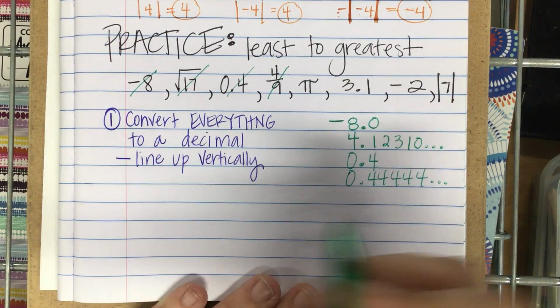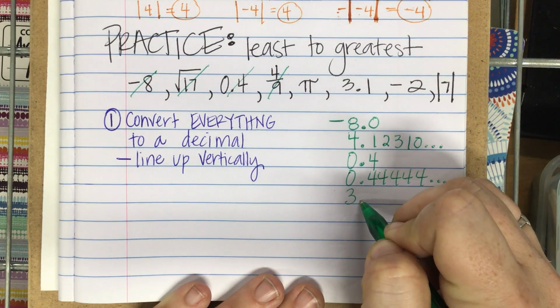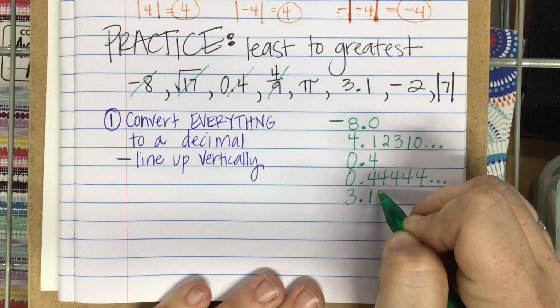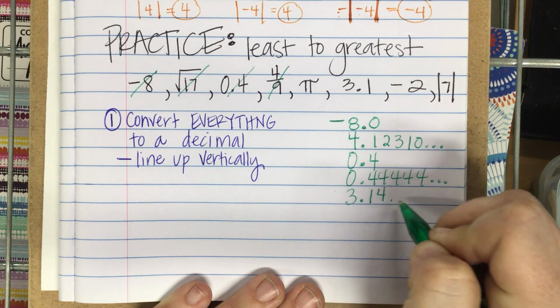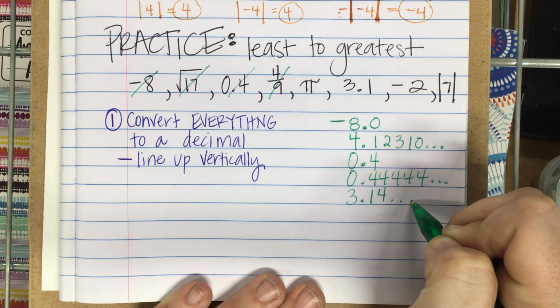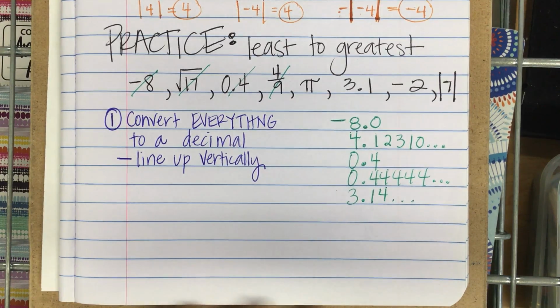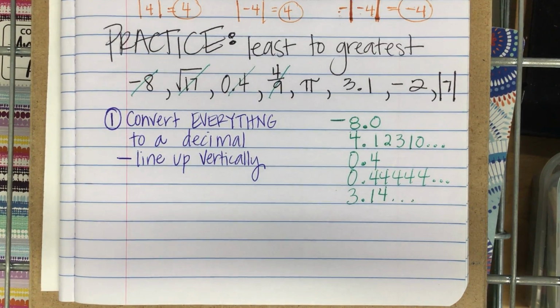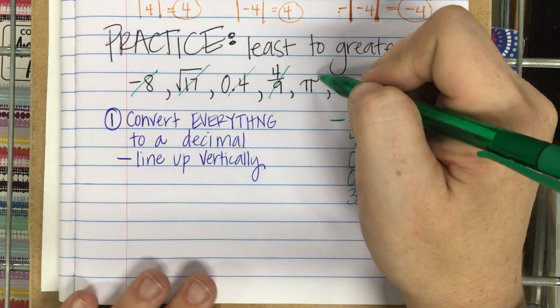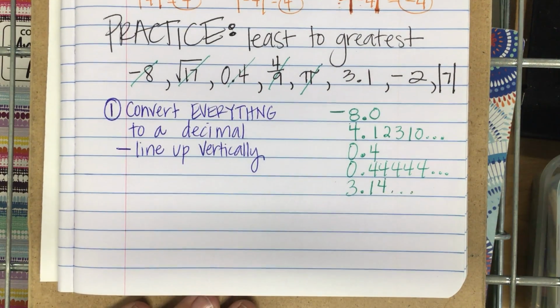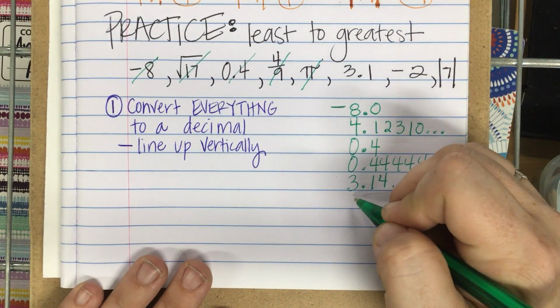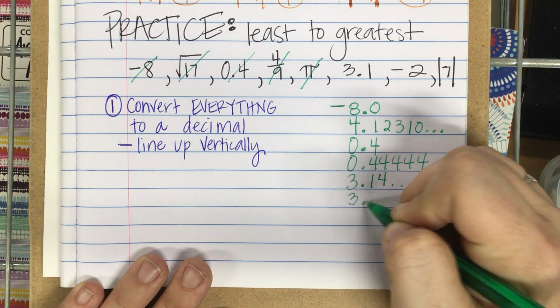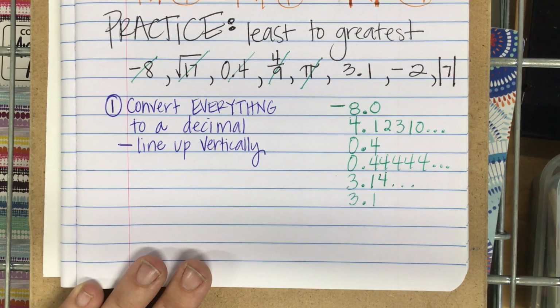Pi is 3.14 dot dot dot, right? 3.14159 blah blah blah forever. Yes? Keep going. Then we get 3.1.